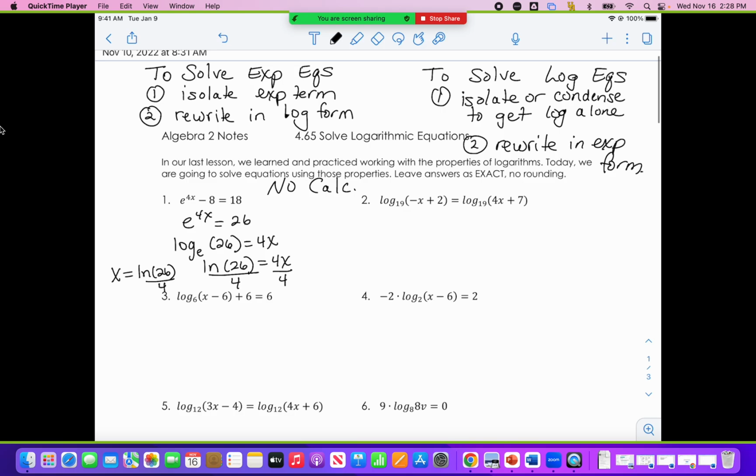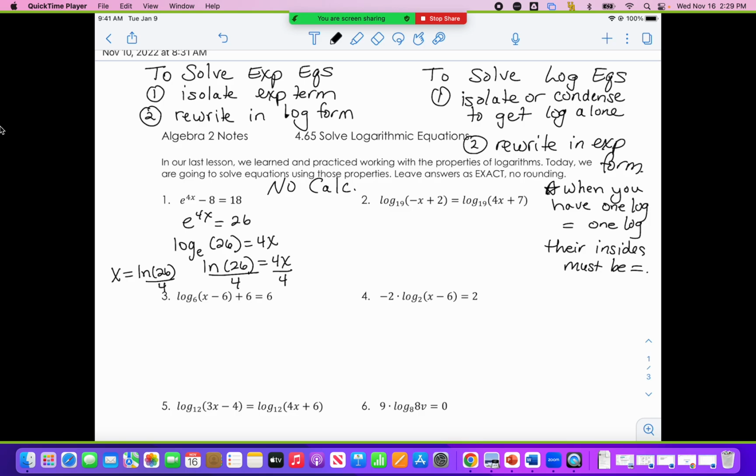All right, number 2. When you have 1 log equals 1 log, their insides must be equal.